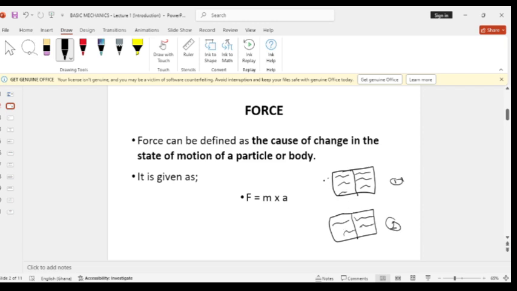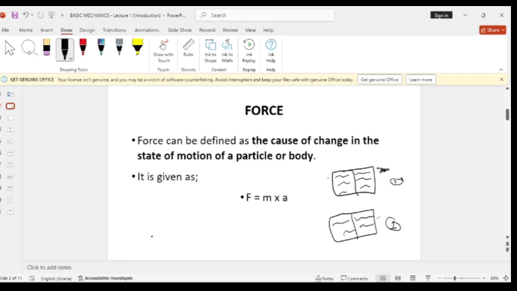Initially, the position of the book was at this state 1 here, right? And then we apply the force to it to change its state of motion or position to this state 2. So in that case, we say that we have applied a force. Another example, it's not just books or non-living things, even humans.